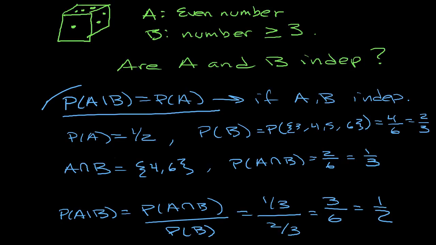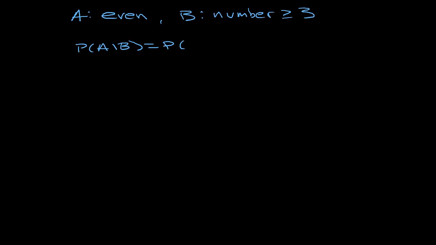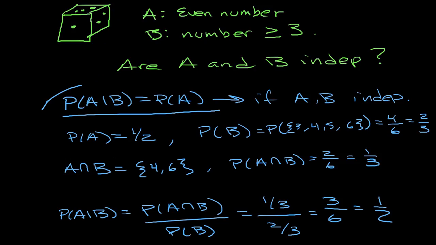We can try another way of solving this. A was the event of observing an even number. B was the event of the number greater or equal than 3. So we proved this, but it should be the same if we try to prove this, for example: the probability of A times the probability of B. So we have the probability of the intersection, which is just over here.